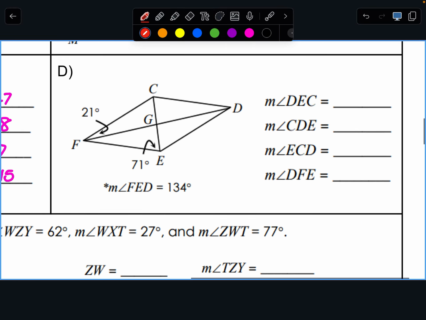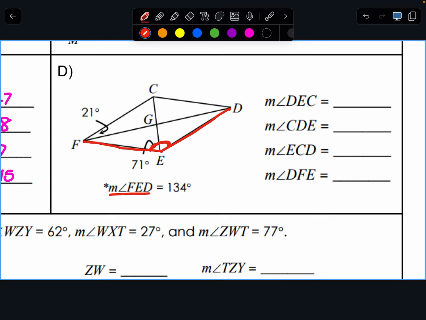Let's look at D. So this one's going to take a little bit more, and it has the three-letter angles that seem to concern you. Just remember to follow them in order. So FED is 134. Here's FED. So that's 134. That means the 71 is for FEG. So this whole piece is 134.